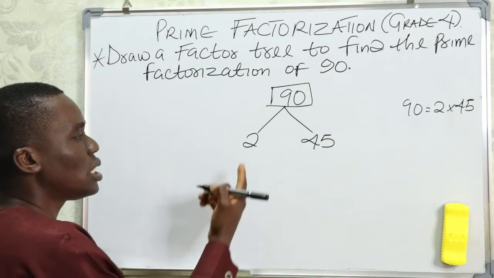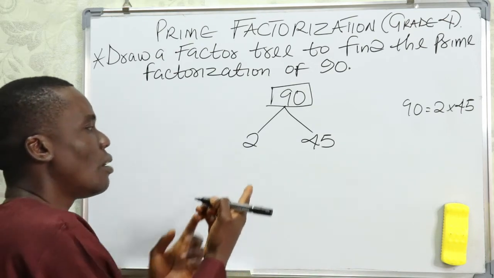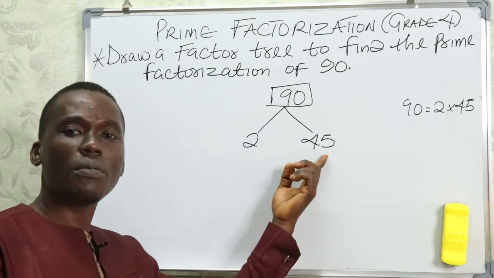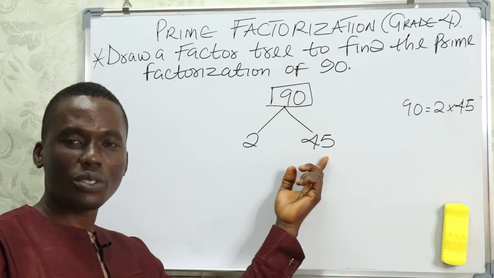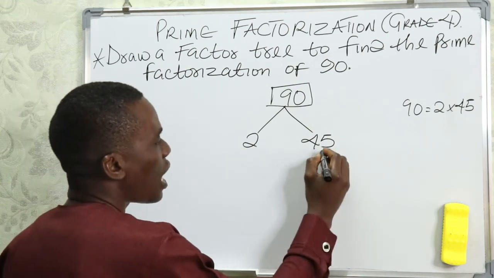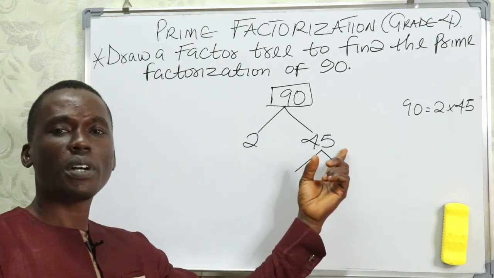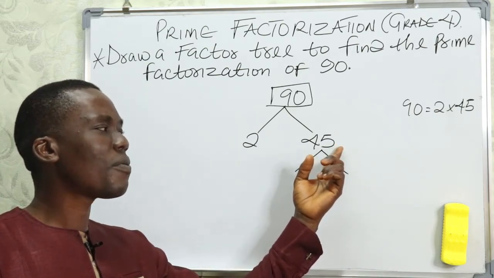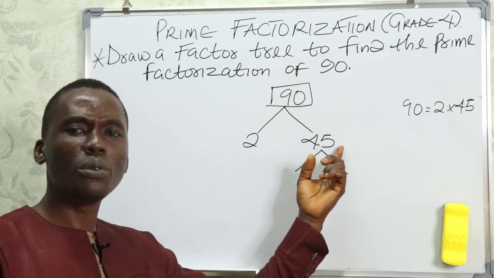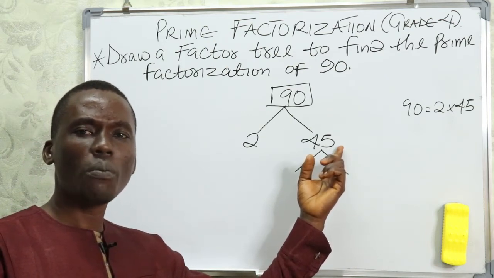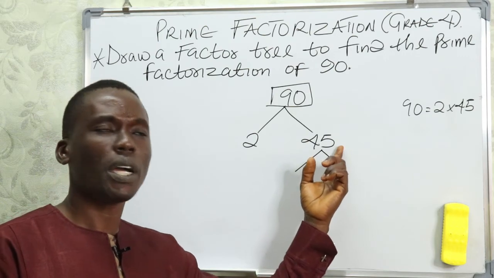Now do you notice that 2 is a prime factor and 45 is not a prime factor? So we'll have to find prime factors out from 45. Now because 45 ends with 5, by the rule of divisibility, 45 can be divided by 5.